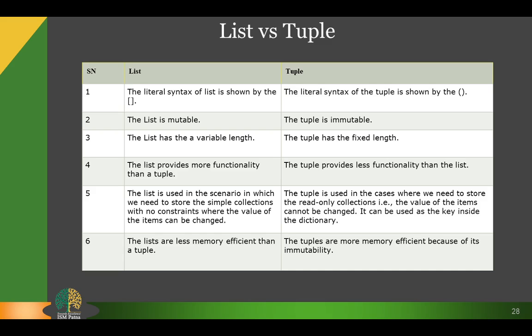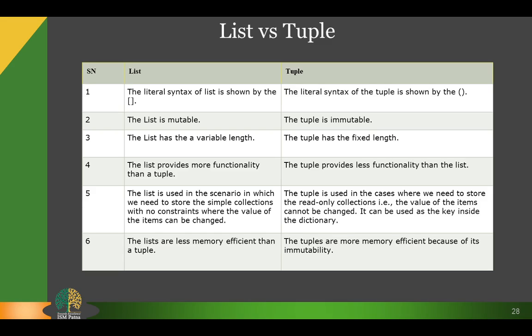Now the most common question asked from this section is list versus tuple. So here is the example, here is the list, here is the sublist which differentiates list from tuple. The syntax for list is shown by square brackets, whereas in tuple we use parenthesis. List is mutable, whereas tuple is immutable.